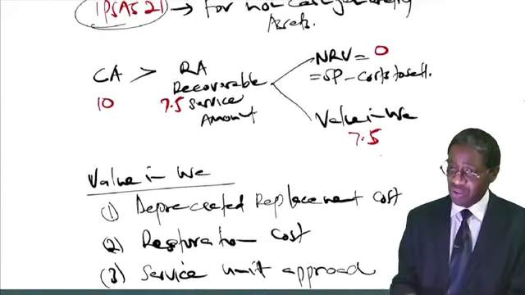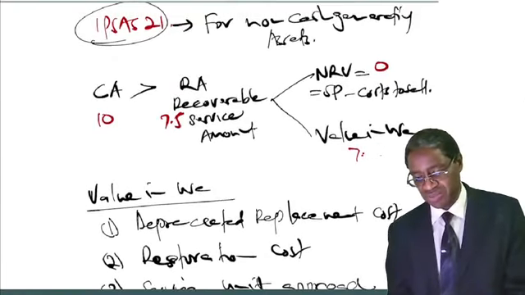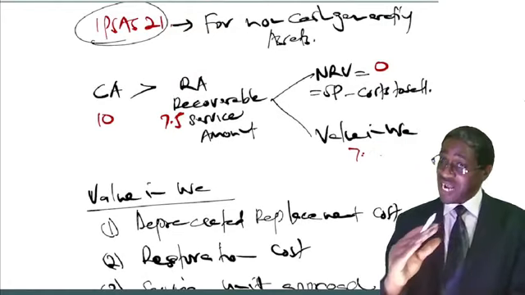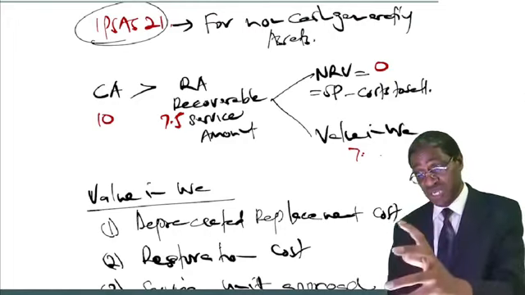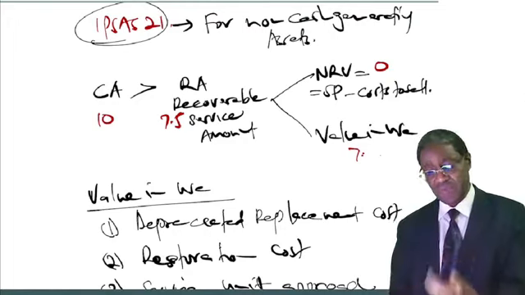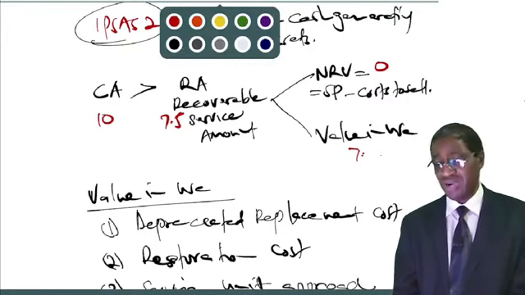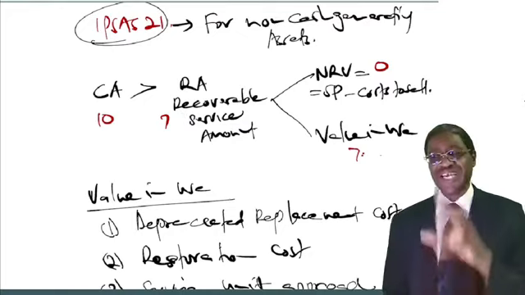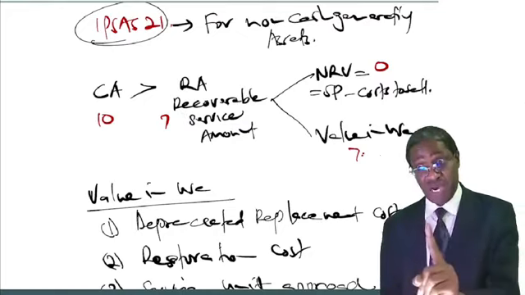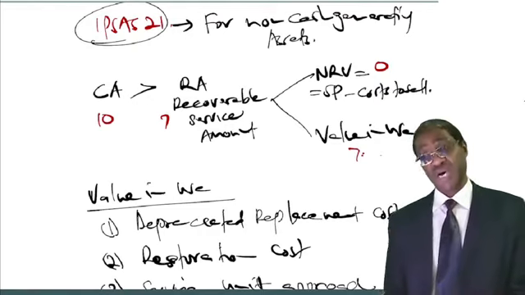Once you know the value in use, which in our case we are assuming to be 7 million, compare that with the net realizable value, which in most cases will be 0. Whichever of the two is higher, which in our case is 7 million, becomes the recoverable service amount. Compare that with the carrying amount.